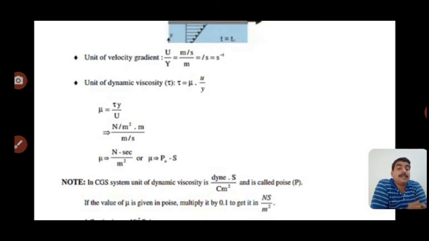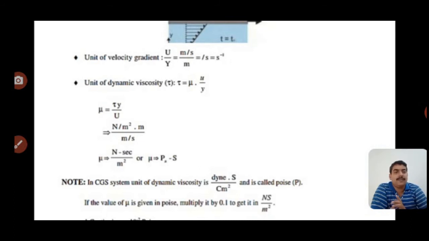Tau is the shear stress, and the unit of stress is Newton per meter square, multiplied by meter. y is the lateral distance, and its unit is meter. Divided by velocity, whose unit is meter per second. Above, we have the unit of viscosity as Newton second per meter square, that is mu is equal to Pascal second.